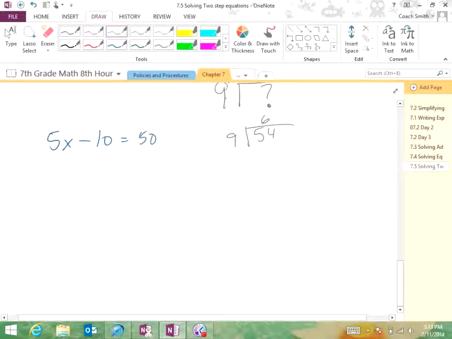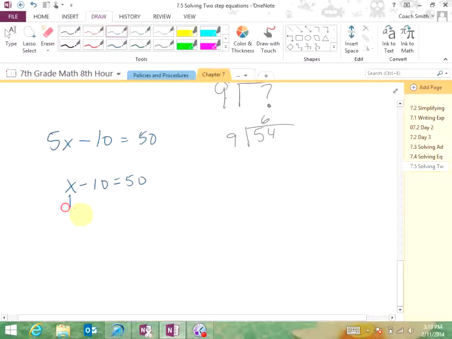But it's not necessarily easy. Now, I want you to think for a second. X minus 10 equals 50. What would X have to be to subtract 10 from it and get 50? No, 40 minus 10 is 30. 60.